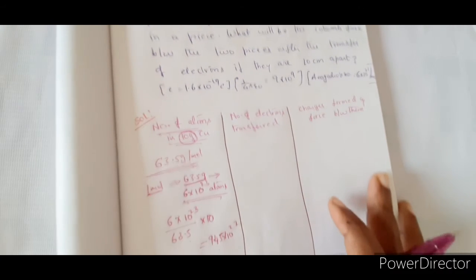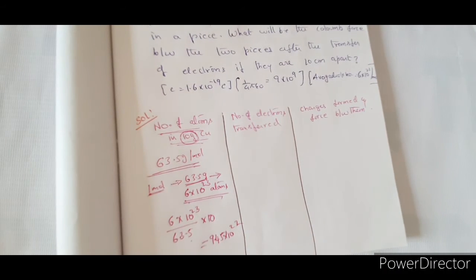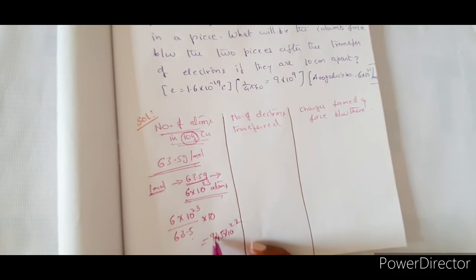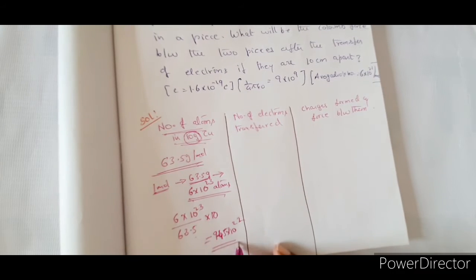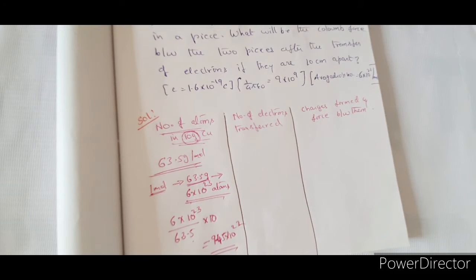Now we know how many atoms are there in each piece of copper: 9.45 into 10 to the power of 22 atoms. Now what is the problem? From every 1,000 atoms, one electron has to be transferred.